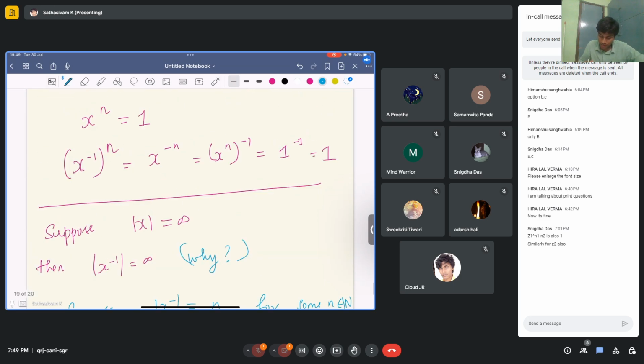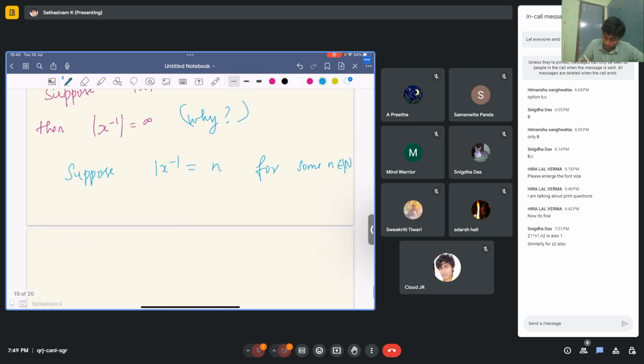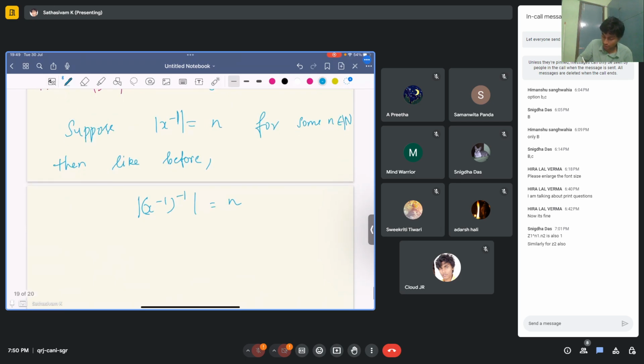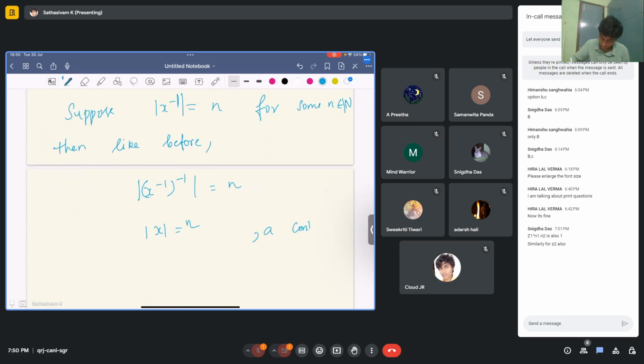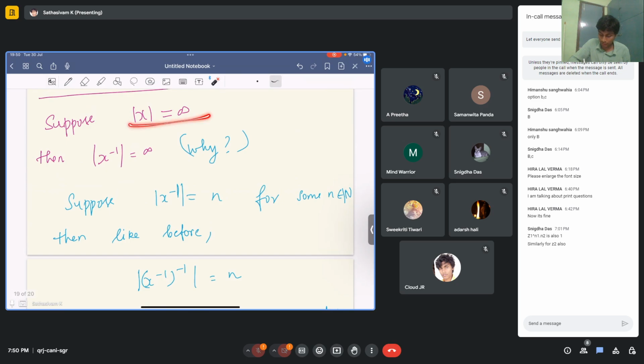Then by what we have done before, the order of x inverse is n. But the inverse of x inverse is basically x, so the order of x is n. That is a contradiction, because we assumed that x has infinite order. So x inverse also has to be infinite.